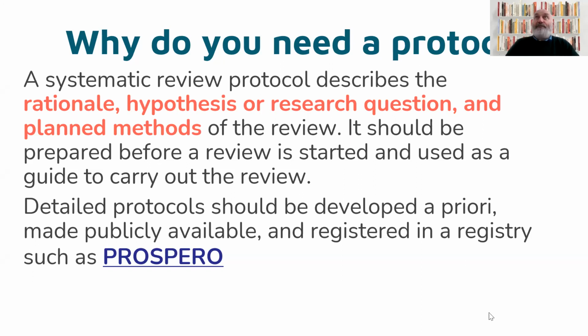It has to be developed before you get too far into the review, and is a guide used to dictate how you conduct the review itself. They should be developed in advance and ideally made publicly available and registered in some place such as Prospero or OSF, both of which Vanessa has mentioned earlier on.